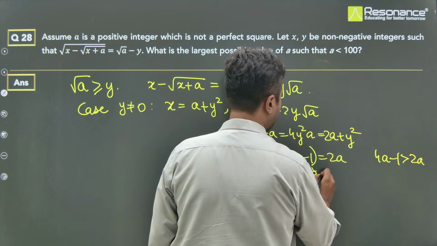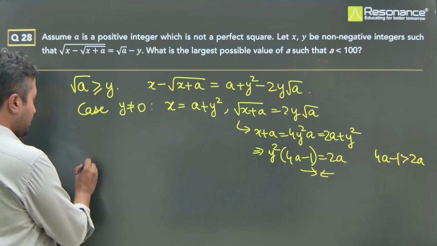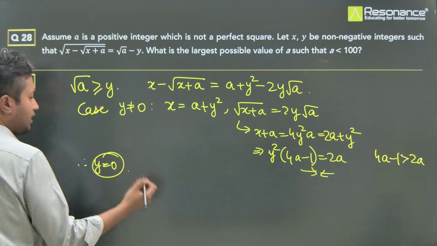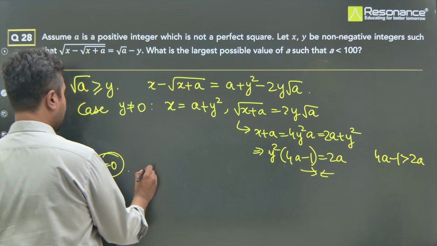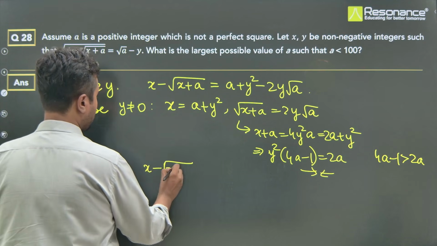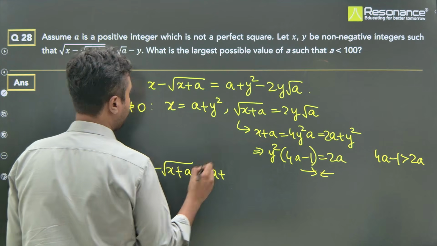So this thing has no solution. In the case y is not equal to 0, therefore y has to be equal to 0, right? Once y is equal to 0, you see fewer terms here. X minus square root of x plus a is equal to a. That's all, right?